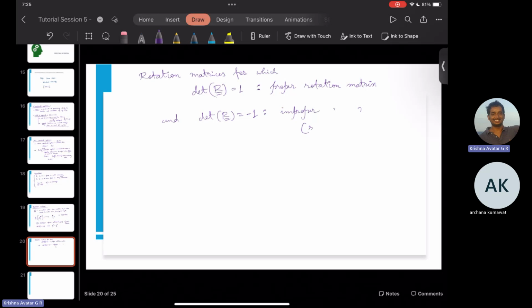They are also known as roto inversions, in the sense that it first rotates and then inverts. Inverts means some mirror operation. That's why it's called roto inversions.